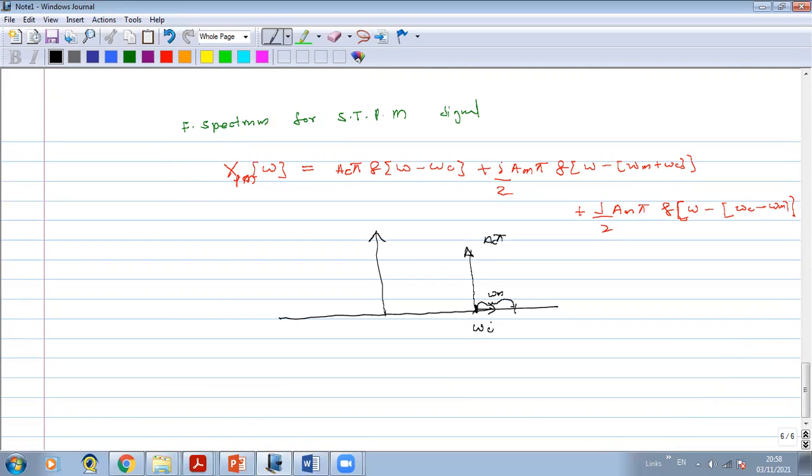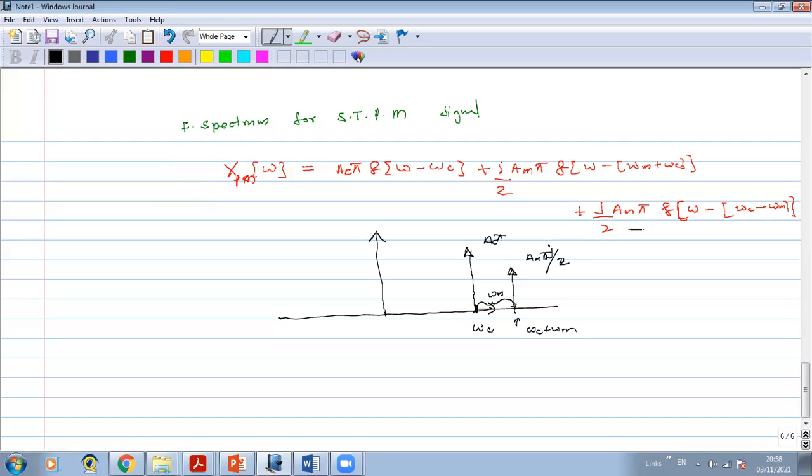If this is omega m, then this point will be omega c plus omega m, so here I have one spectrum, a m 5 j over 2.